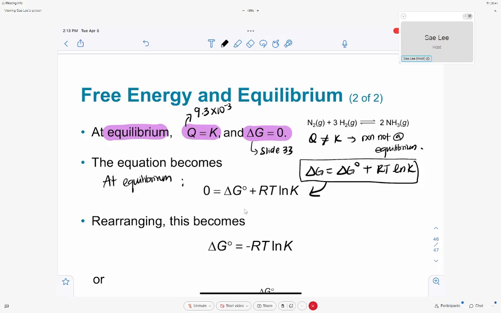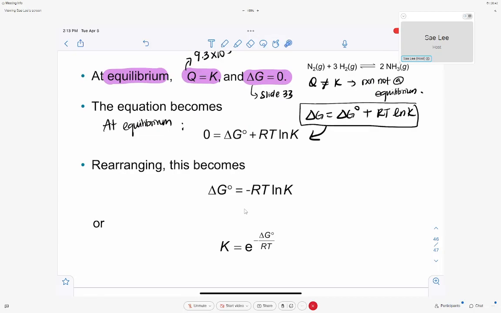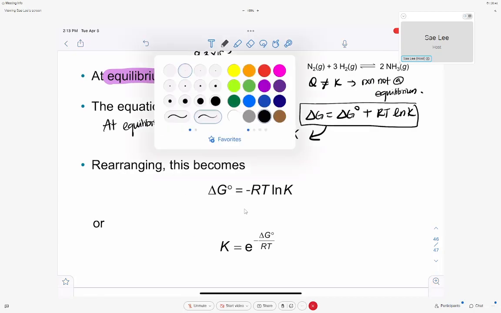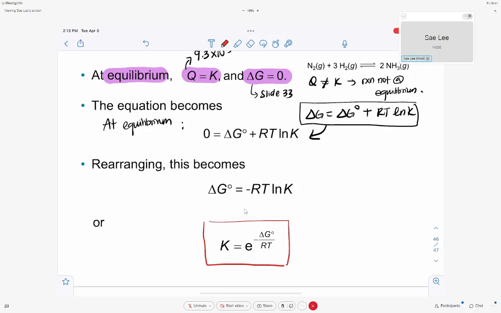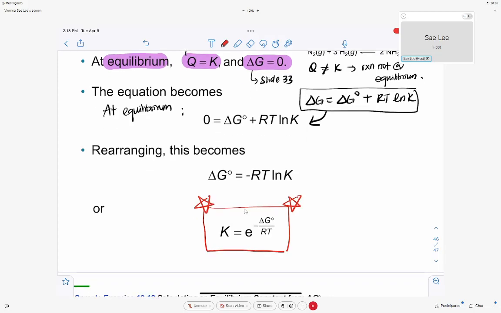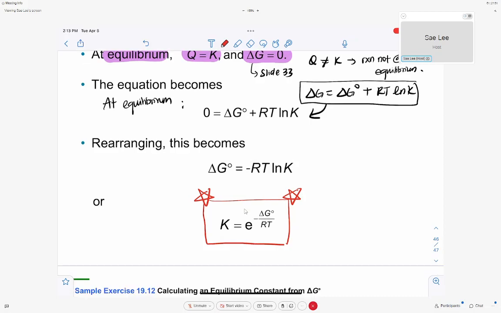If you do some rearrangement, you will get this. Again, you don't really have to know how we rearranged it. You just have to know this. If you have time, you can take out a piece of paper and a pen and do the rearrangement. It's pretty simple, but the rearrangement is not the focus here. The focus here is that we arrive at this expression.